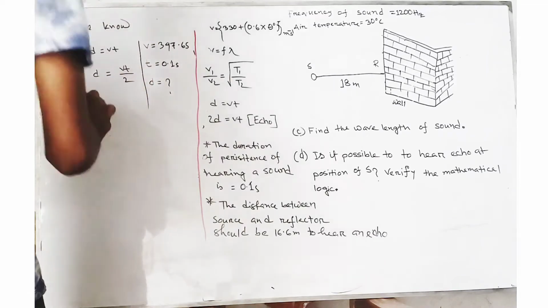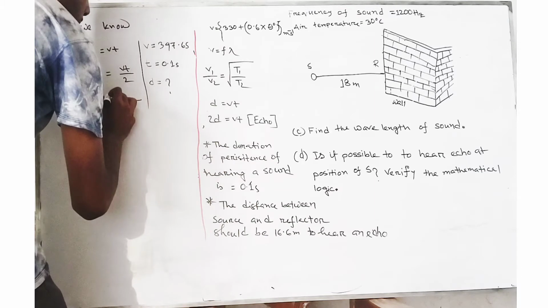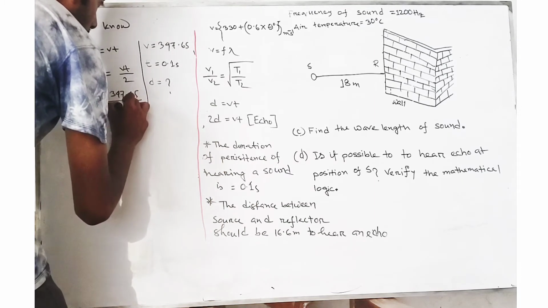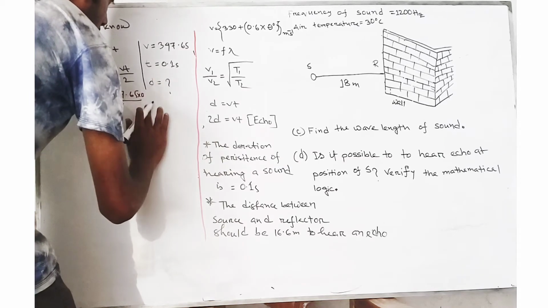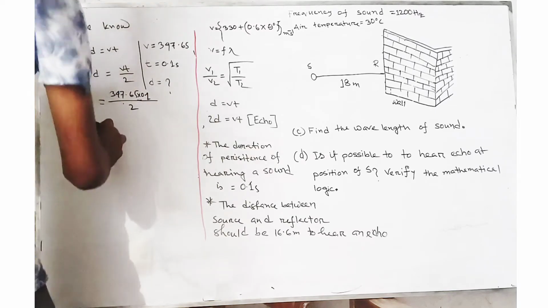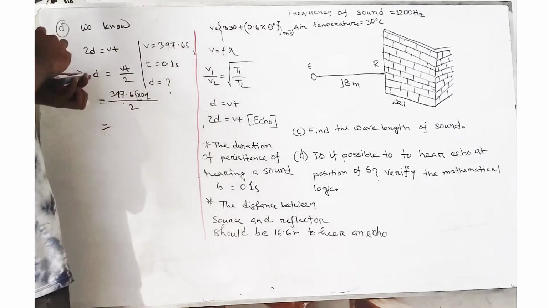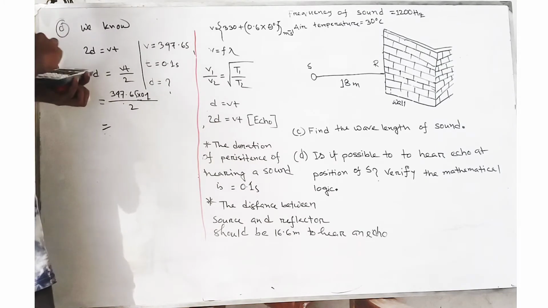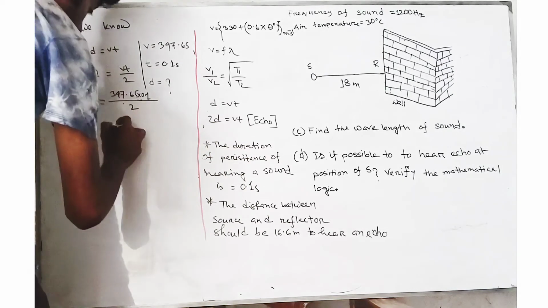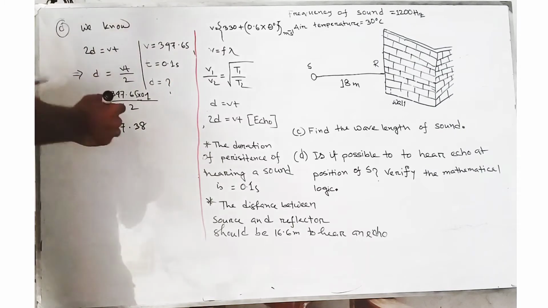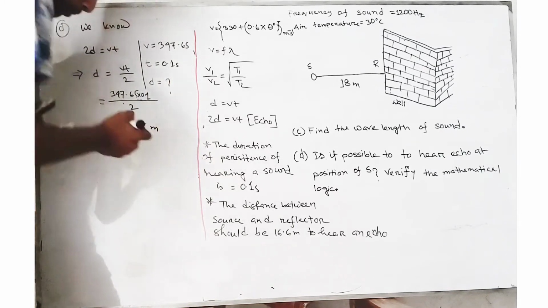d equal to what? We can insert them: 347.65 into 0.1 by 2. Let me count it. 347.65 into 0.1 divided by 2, we got 17.38 meter.